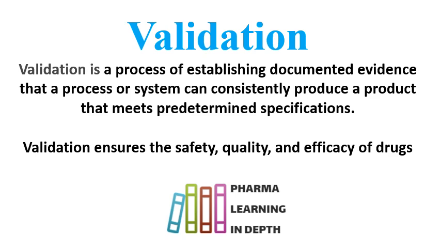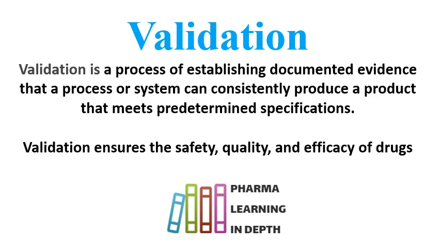Also, calibration and validation are related terminologies to each other. Some similarities and some differences may be there considering the qualification, calibration, validation, but the ultimate aim is to ensure the safety, quality, and efficacy for the drugs and the formulations produced.